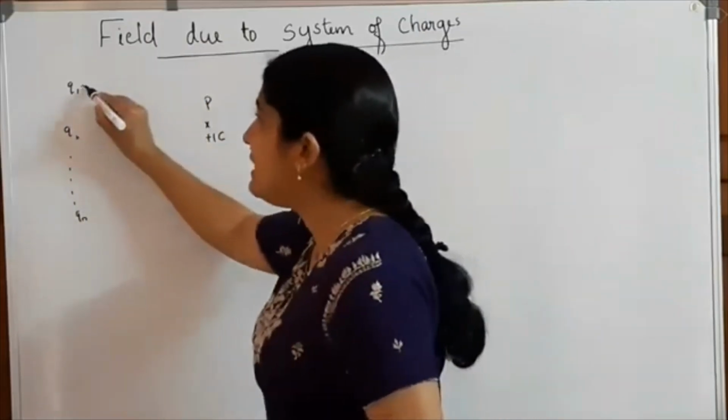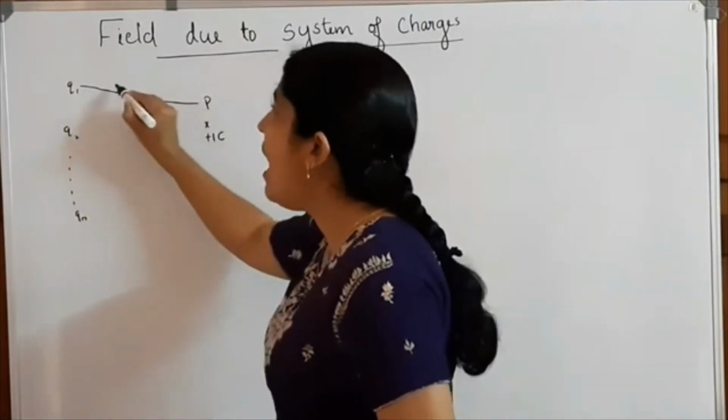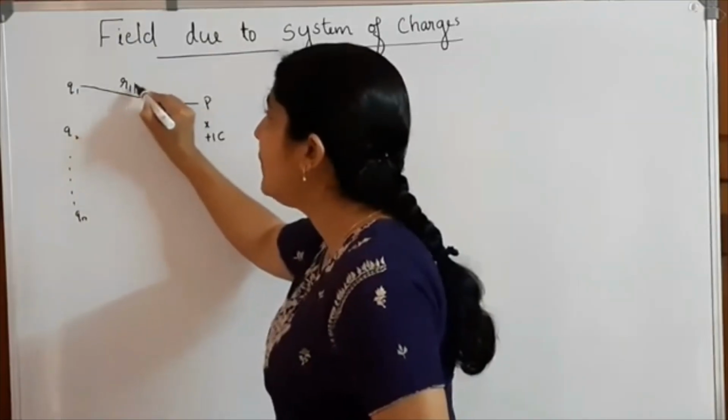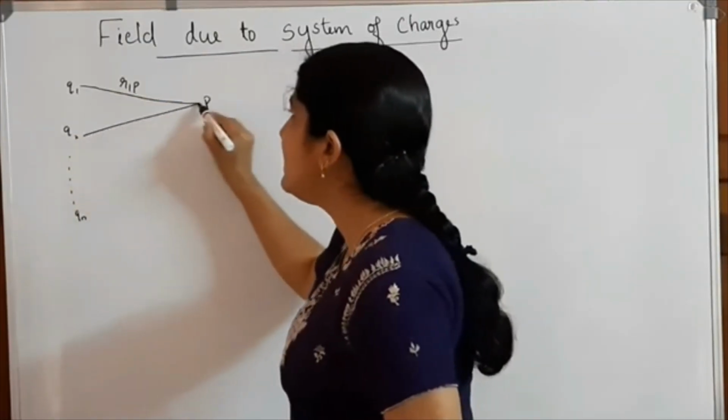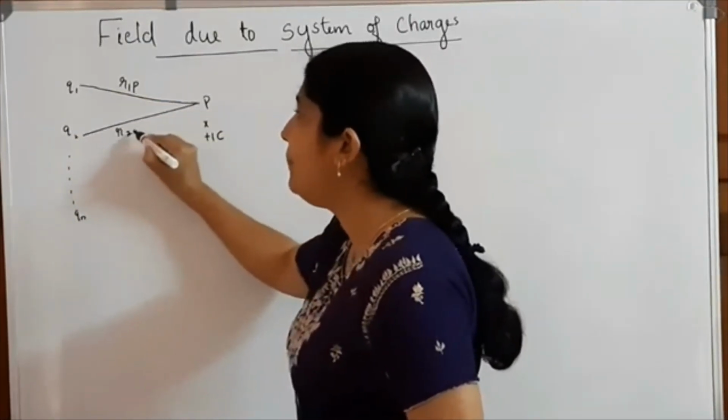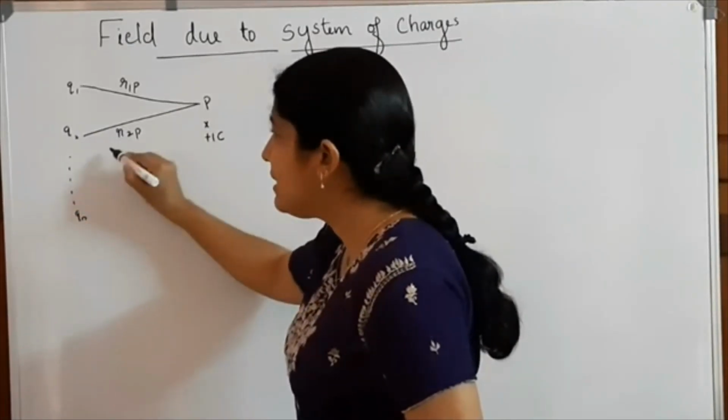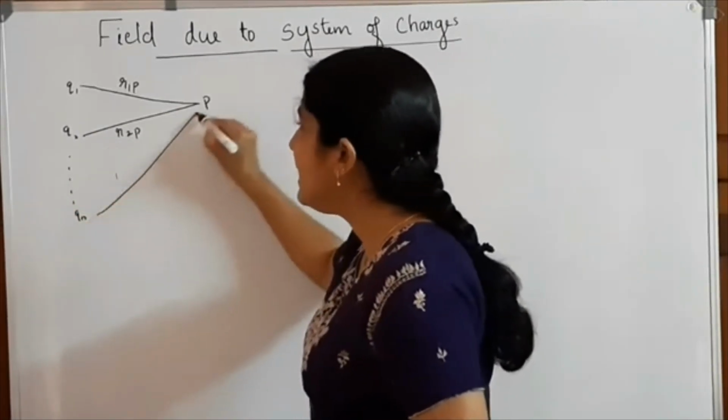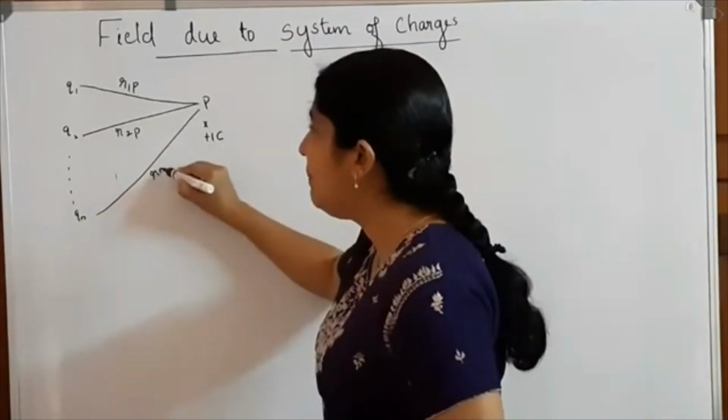Q1 is placed at a distance R1P, Q2 is at a distance R2P, similarly Qn is at a distance RnP.